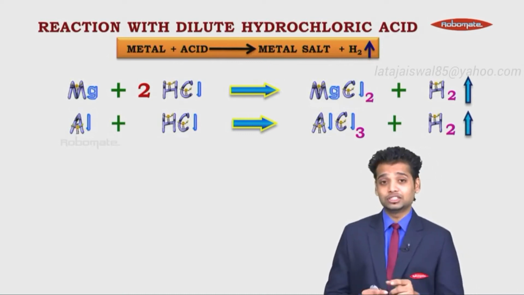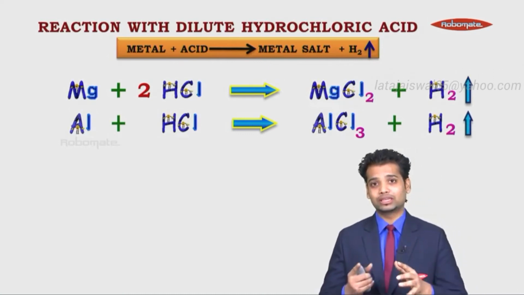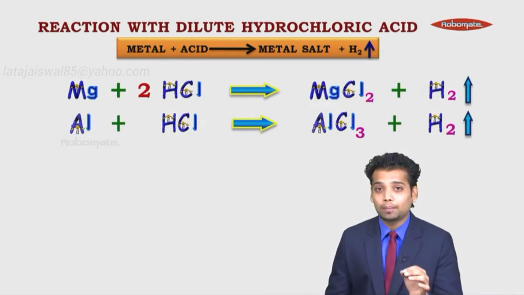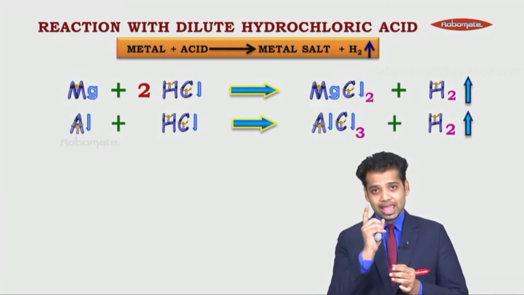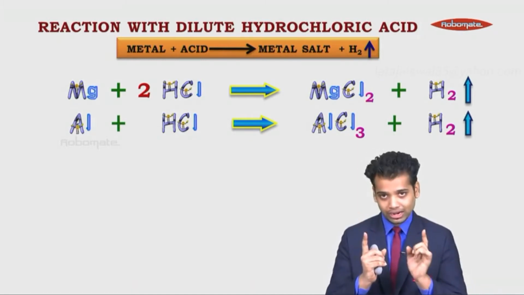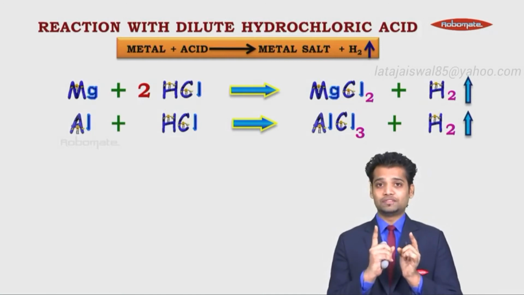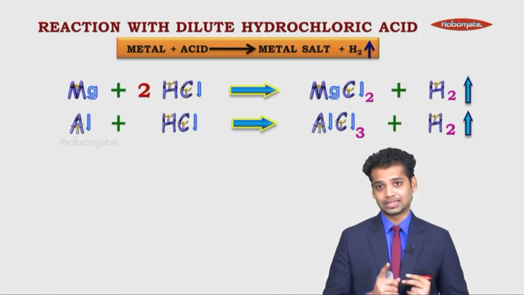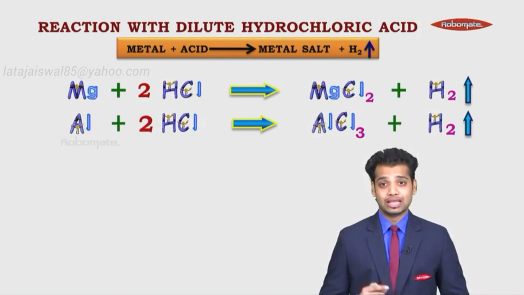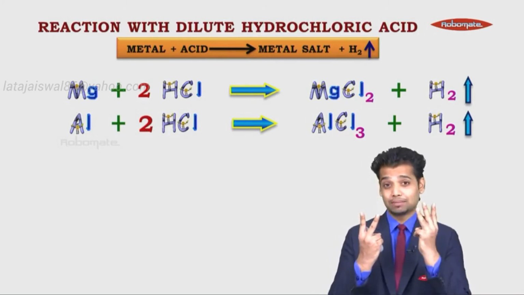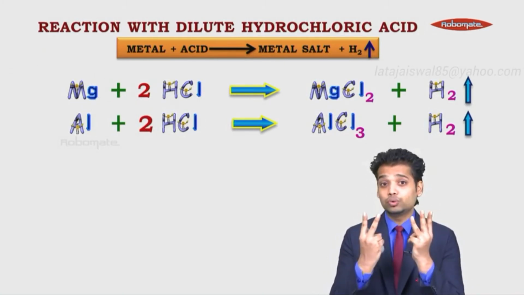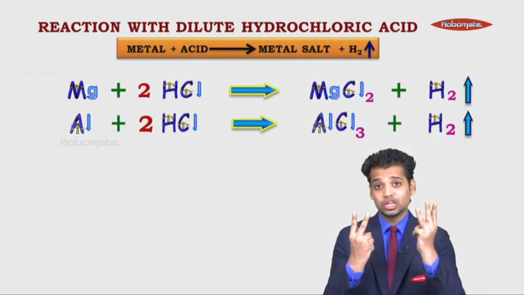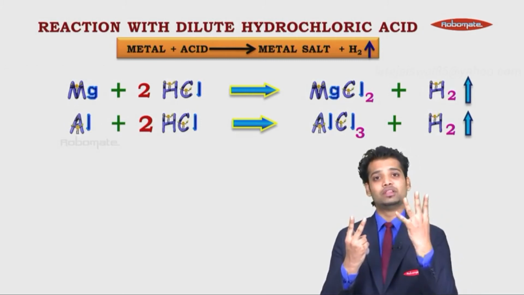So let's balance this reaction as well. This balancing is quite tough. If you're stuck on balancing, just pay attention. Al is 1 on the left hand side, 1 on the right hand side. H is 1 on the left hand side, 2 on the right hand side. So you multiply by 2. Cl becomes 2, Cl becomes 3. This is the 2-3 dilemma where you turn the odd 3 into even.